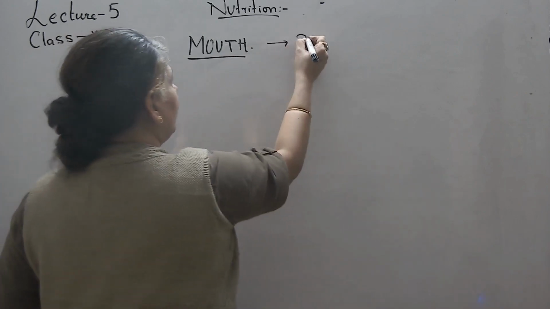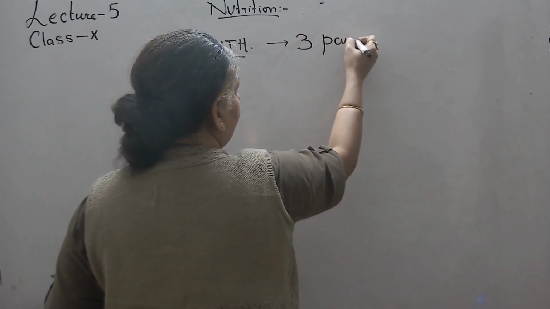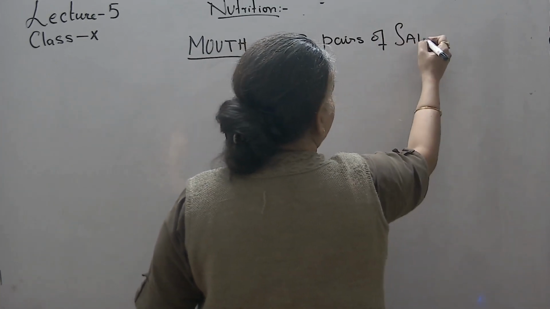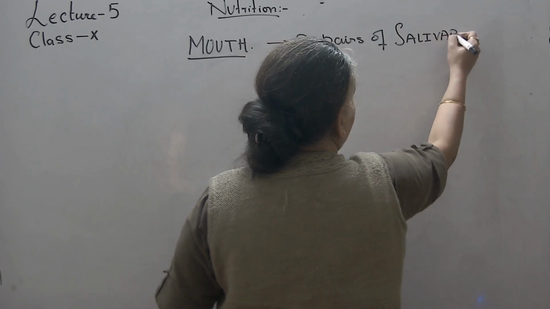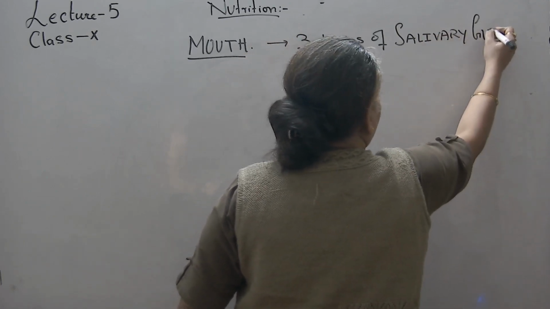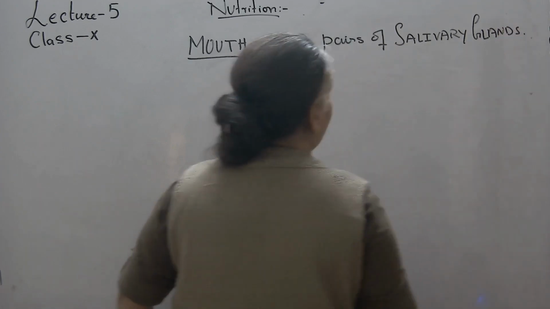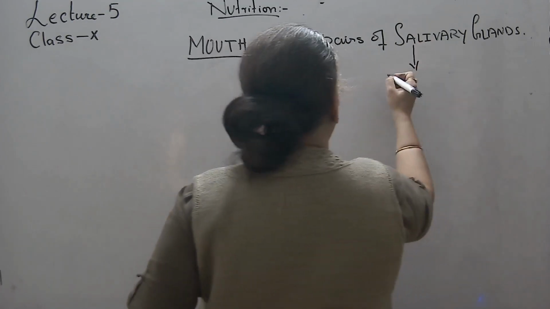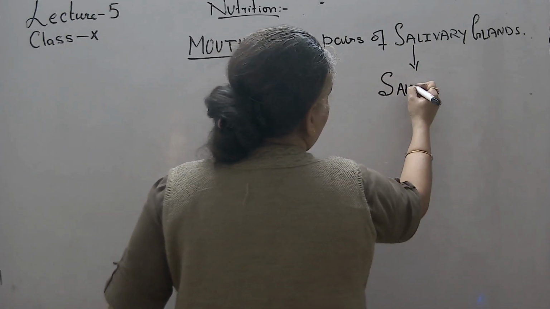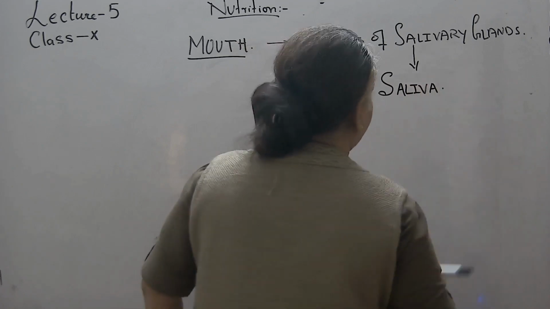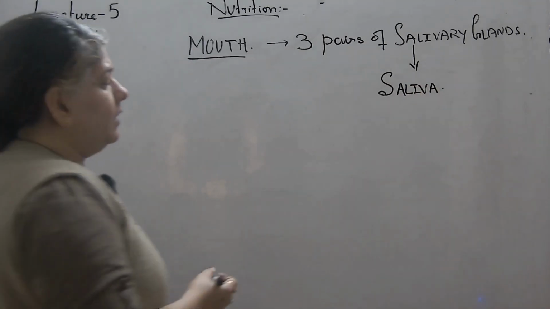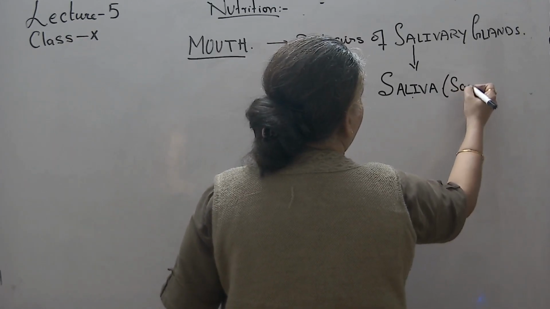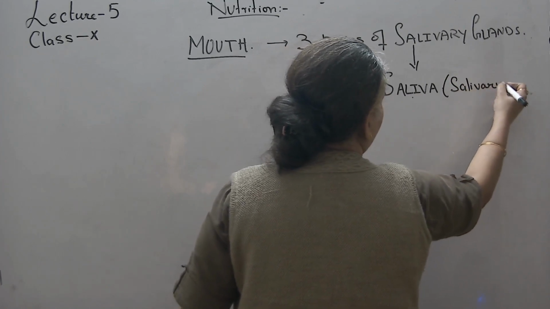And these salivary glands secrete a watery substance that is called saliva. And this saliva contains enzyme called salivary amylase.